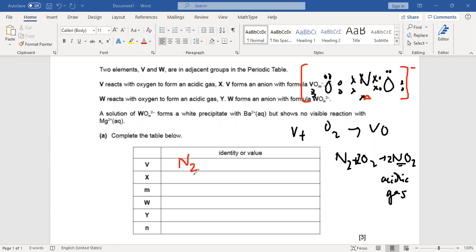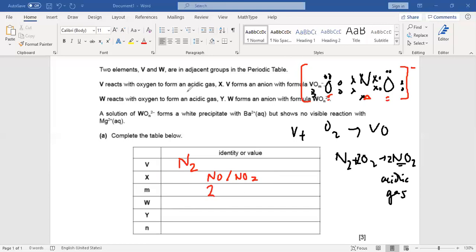And then X, in my perspective, can be NO2 or NO. And then M is the number of oxygen atoms. So in this case, it can be 2, so NO2.